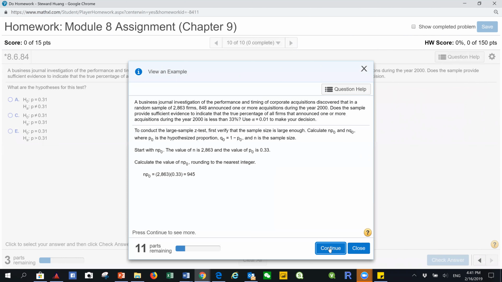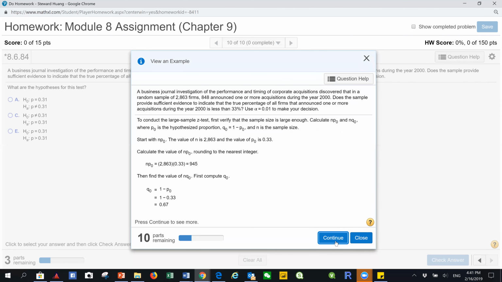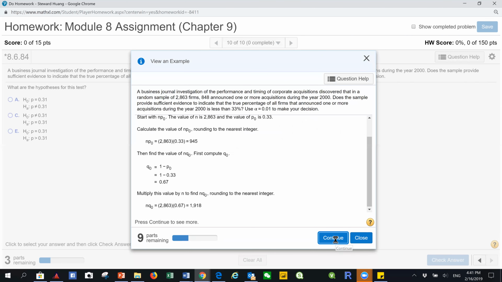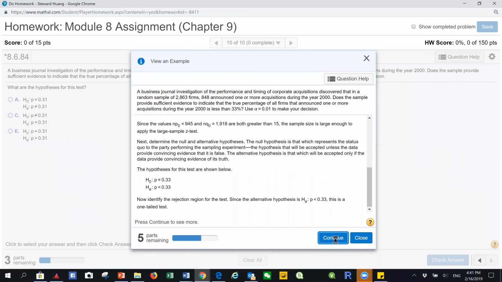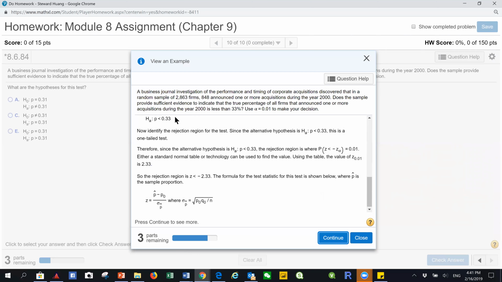So to find the number of successes, which is n times p. So this is now the alternative hypothesis, and this is the z for the test of the population proportions.